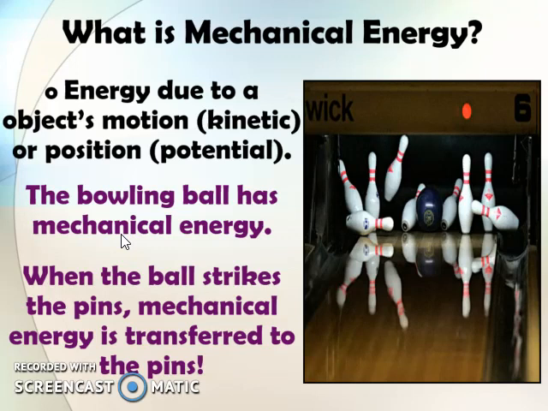Same with your car, your bicycle. In this case, this bowling ball has mechanical energy. It's moving down the lane, so it's got kinetic energy. You can figure out that amount of energy. When the ball hits the pins, that kinetic energy and mechanical energy from the bowling ball transfers right straight to those pins.